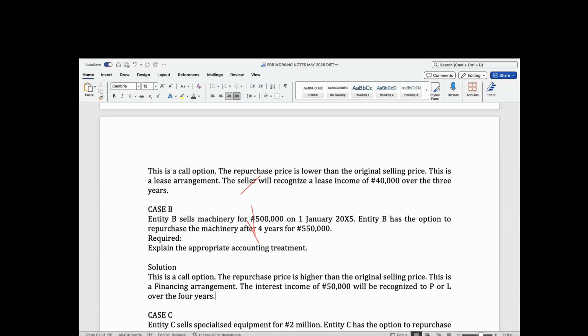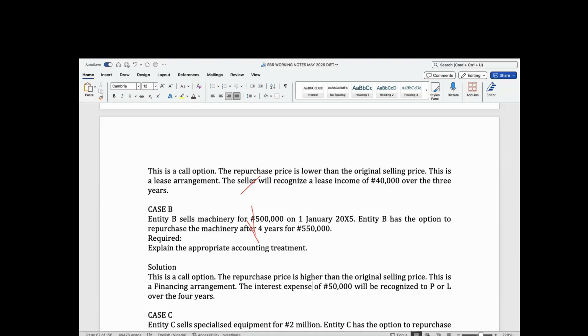Sir, sorry, is it interest income? What I'm asking is because when the repurchase price was lower, it was lease income. And this is interest expense, because he's the one that will be paying interest. He's the one that is paying. So it's not an income.